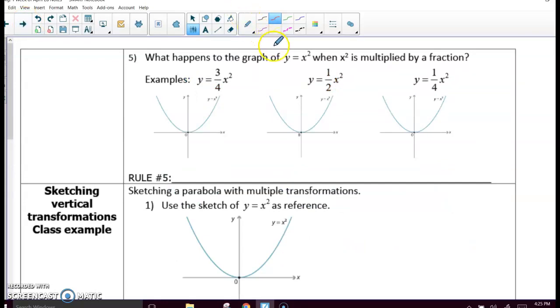What happens to the graph of y equals x squared when x squared is multiplied by a fraction? Okay, we're going to look at fractions between 0 and 1: 3/4, 1/2, 1/4. Take a moment, hit pause, graph these on Desmos, and see if you can develop the rule.